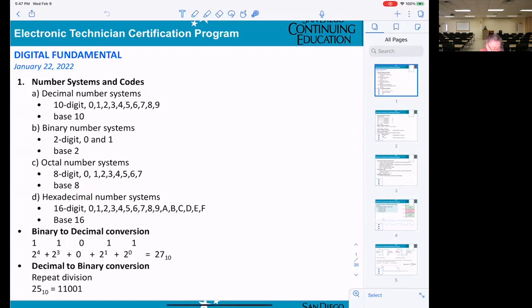And the last one will be the hexadecimal number system. They get 16 digits: 0, 1, 2, 3, 4, 5, 6, 7, 8, 9, A, B, C, D, E, F. They get 16 digits, so that's why they call it base 16.